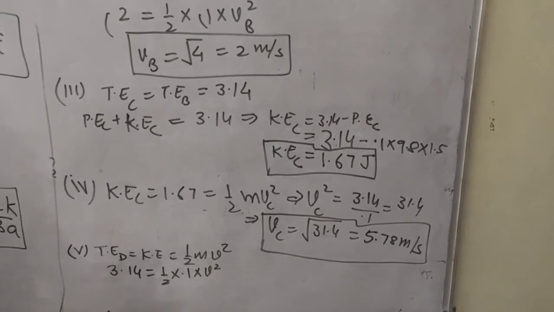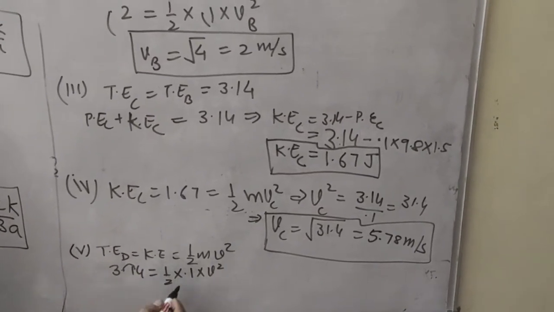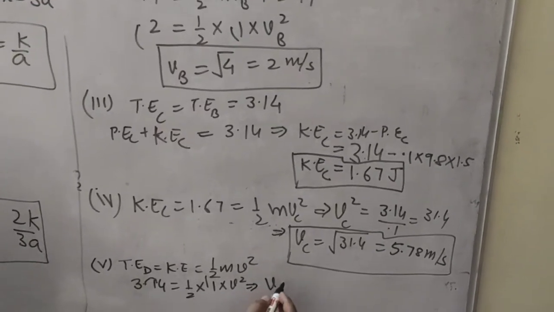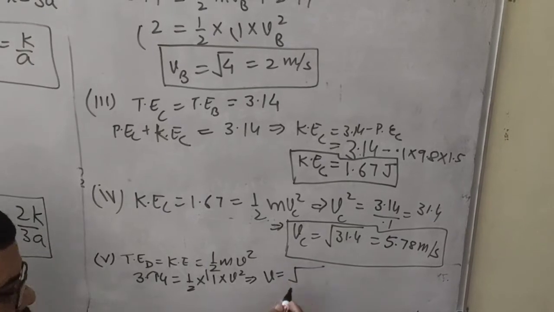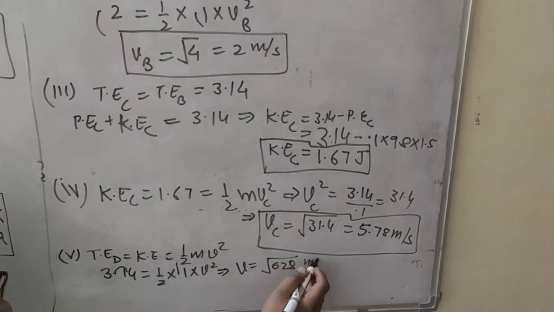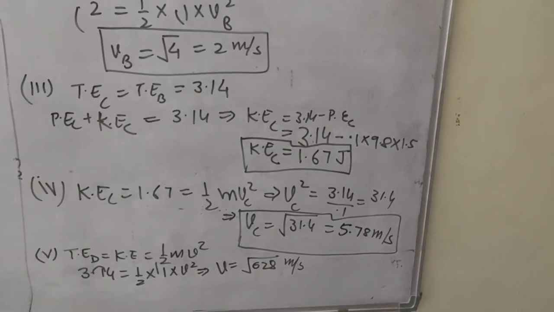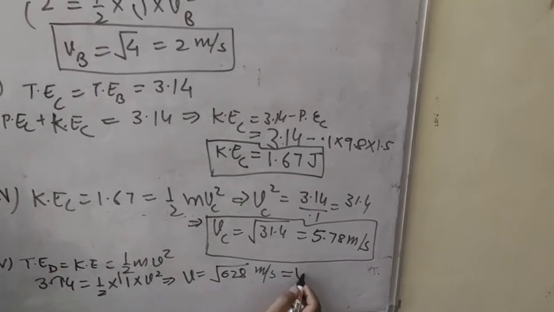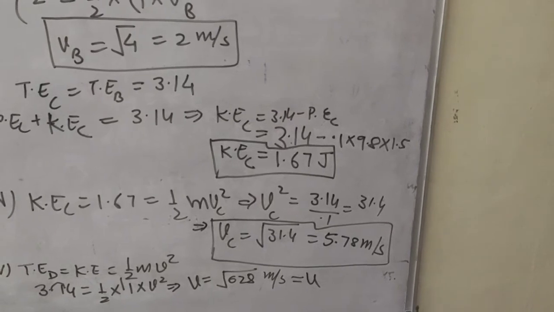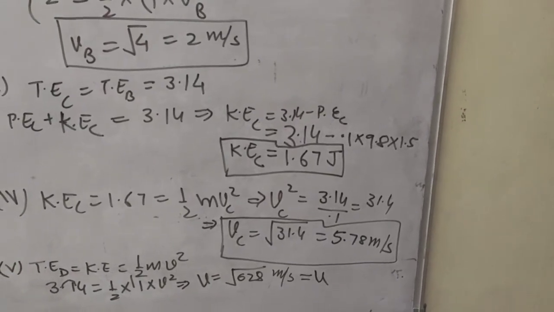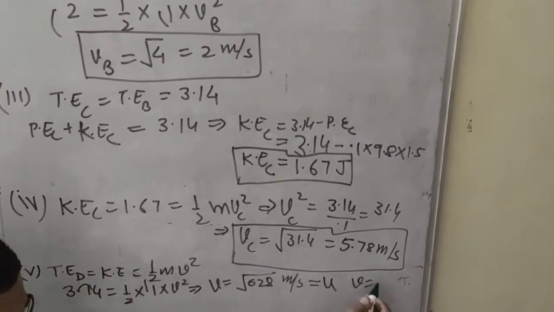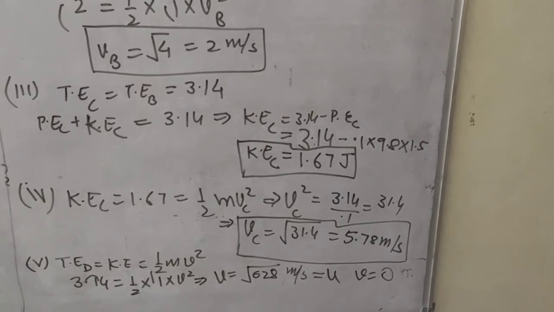From here onwards you can find that v is equal to under root 628 meter per second. This is the velocity which will become the initial velocity, and then because of friction it comes to rest. So the final velocity here becomes 0.